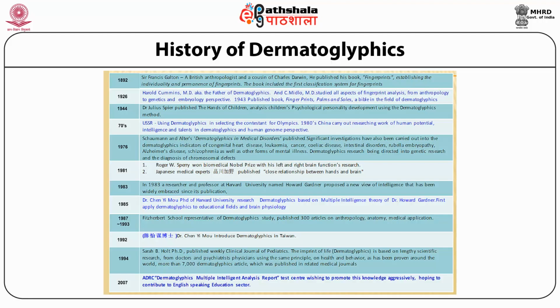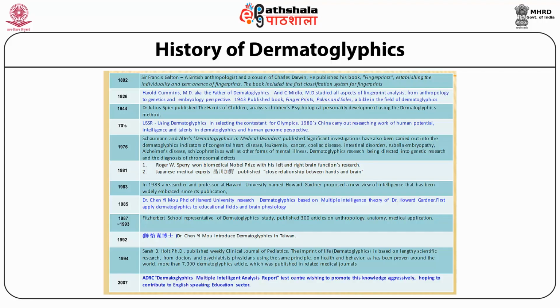He published his book Fingerprints, establishing the individuality and permanence of fingerprints. The book included the first classification system of fingerprints. And Galton is considered the first person who studied fingerprints of human beings.